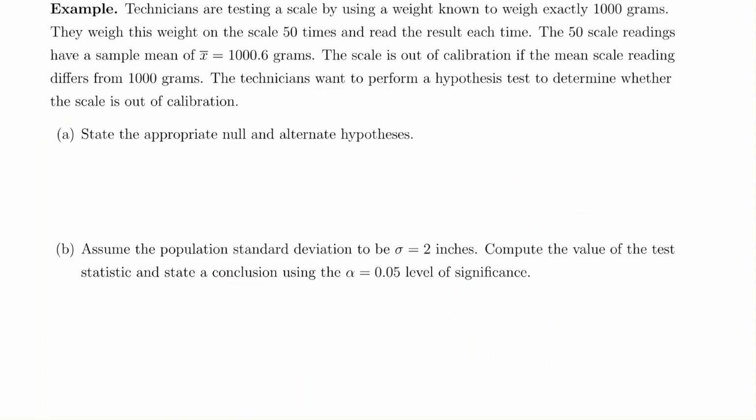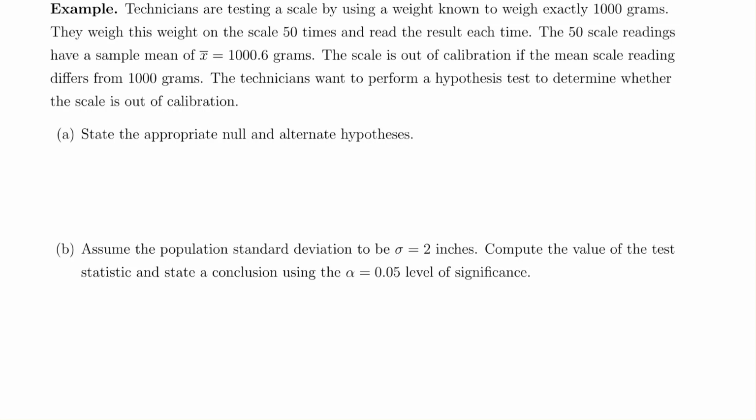So our next example says that technicians are testing a scale by using a weight that is known to weigh exactly 1,000 grams. Now they weigh this weight on the scale 50 different times, and they read the result each time. Of the 50 scale readings, they have calculated a sample mean of 1,000.6 grams.